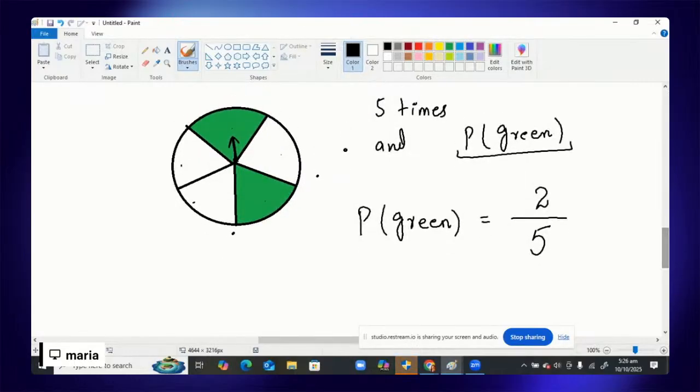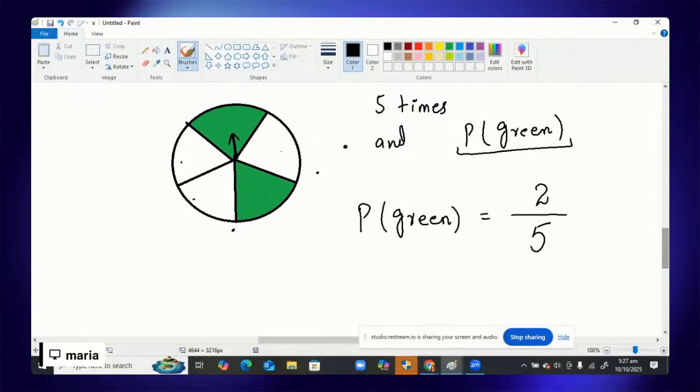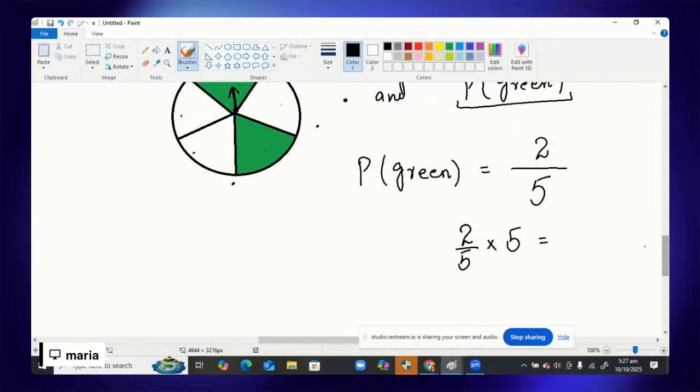Now how many times? Now in the end, very well done everyone. Now you guys tell me what is the answer, what we do next. We are just multiplying 2 by 5 with 5. What is the answer of this one? Can everyone tell me the answer of this? Okay, good.